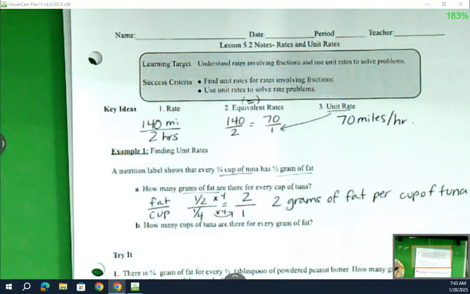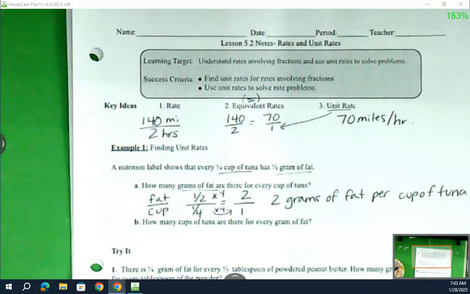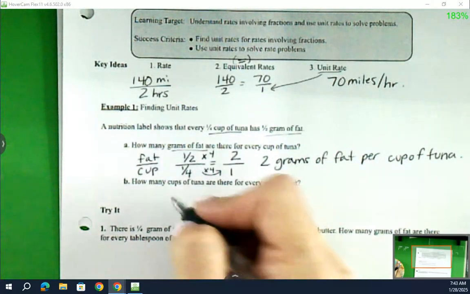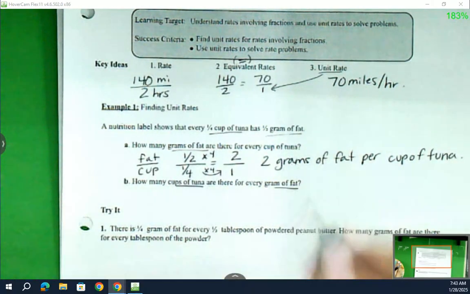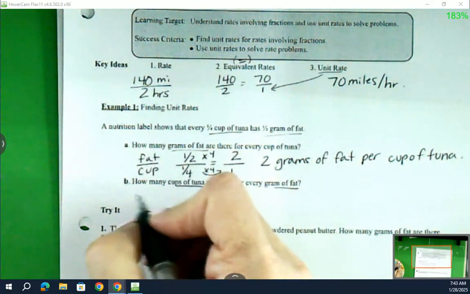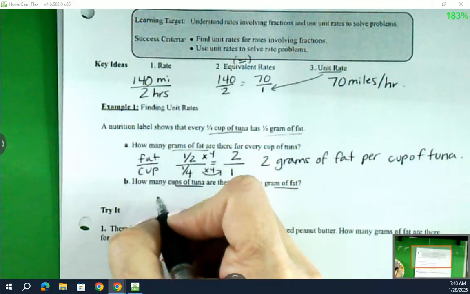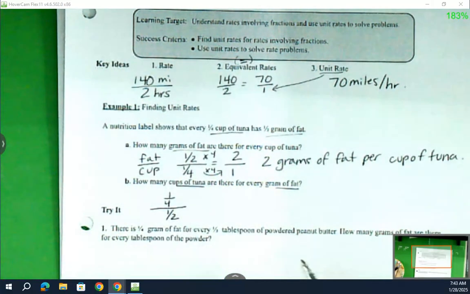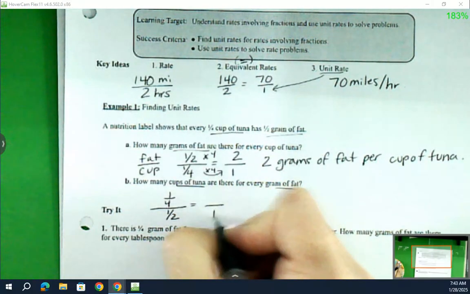Okay, and then in part B, we're asked how many cups of tuna are there for every gram of fat? So this time they want the cups of tuna to fat, which is the other way. So we're going to have the 1/4 out of the 1/2, and we want per gram.